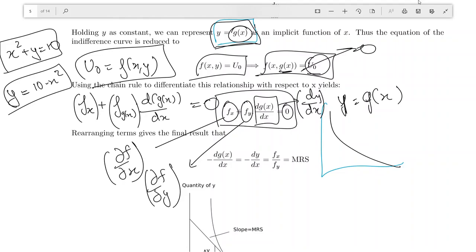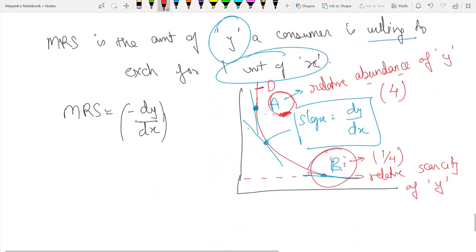So another way to write this equation is fx plus fy into dy by dx is equal to 0, which means minus dy by dx is equal to fx by fy.